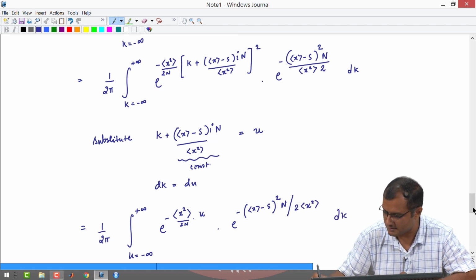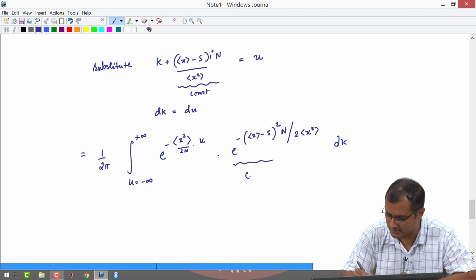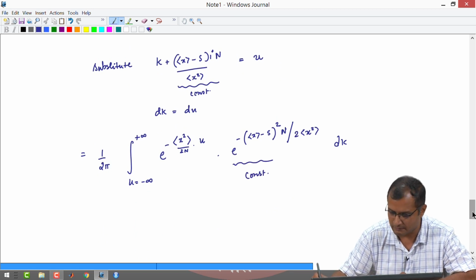Now this exactly is a constant. Okay, so for this integral, this is also a constant. It does not depend on k, so it will come out of this.